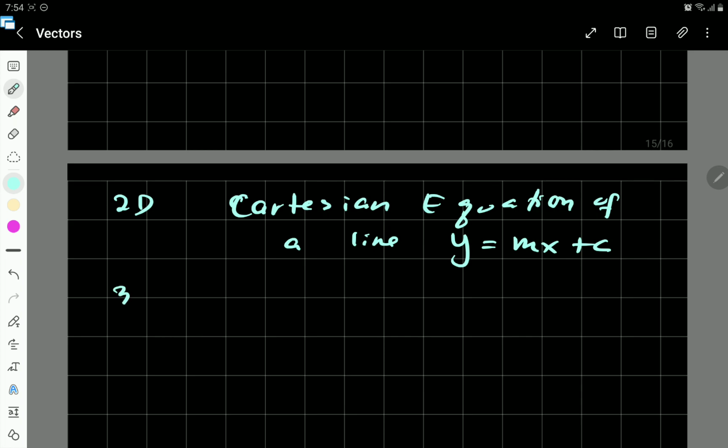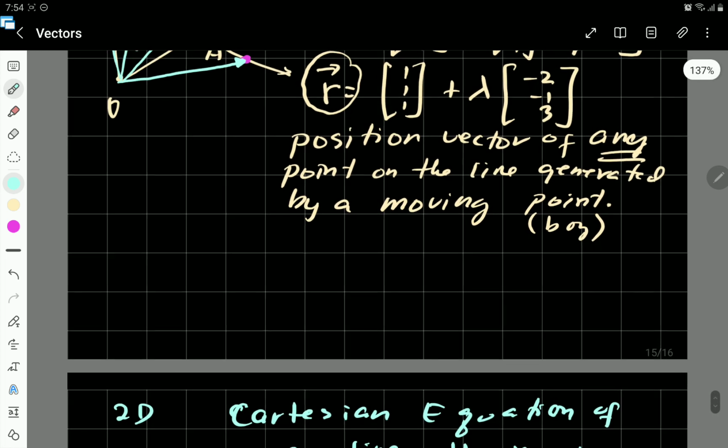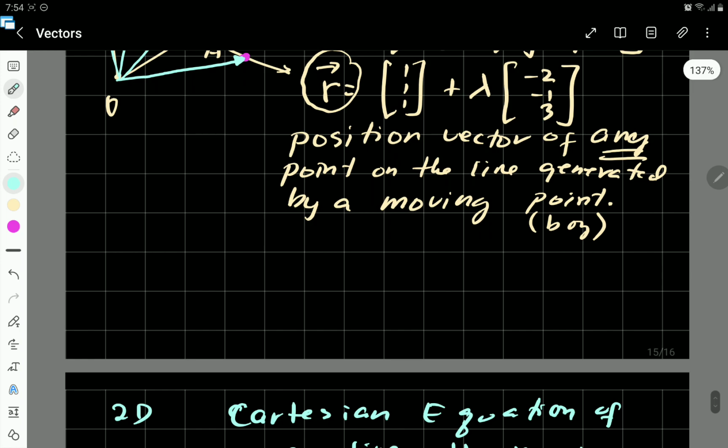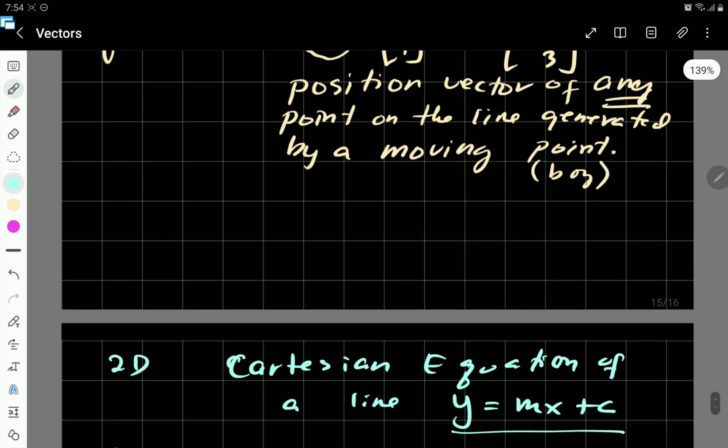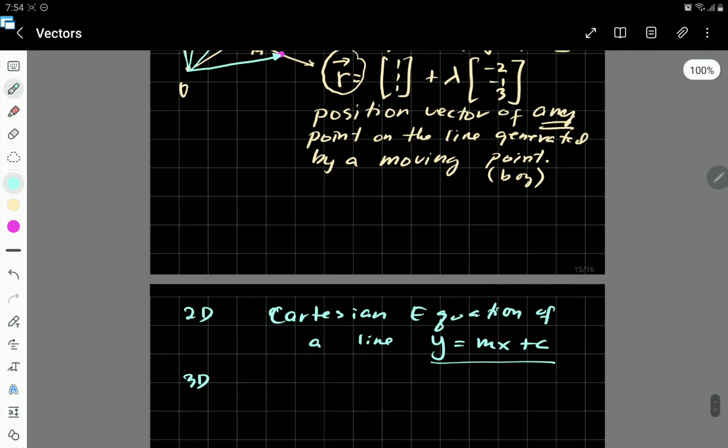In 3D, this is the vector equation, but there is also a Cartesian equation in 3D. But what is the form? Is it this form? No, it's not. So let me copy the answer here.